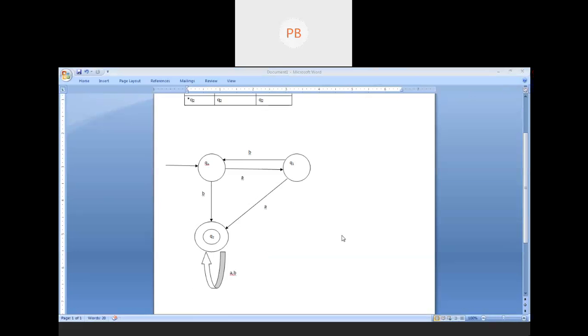A transition diagram for a DFA, M equal to, write the five tuples of the DFA, that is capital Q, sigma, delta, small q naught, F, is a graph defined as follows.